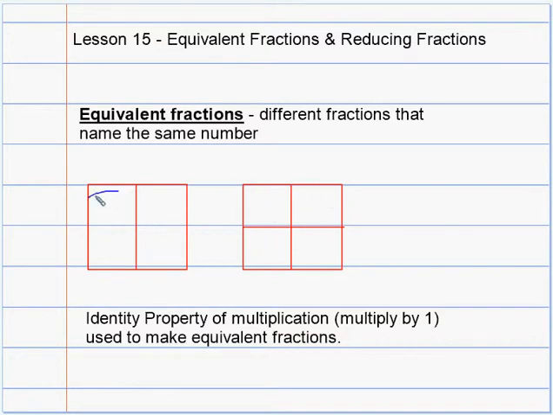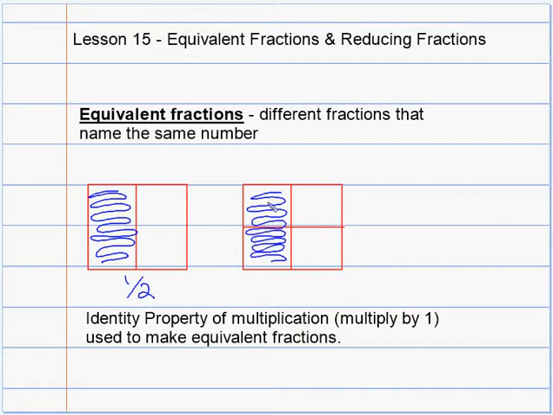So I could shade in one of the two parts and have a fraction represented here of 1/2, or I could shade in that same amount on the shape divided into four equal parts, and I have now 2 out of 4. Okay, so these fractions, 1/2 and 2/4, those are equivalent. They name the same number, but they are different, 1/2 and 2/4.